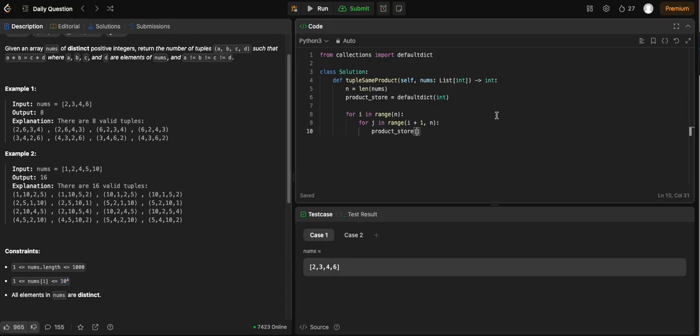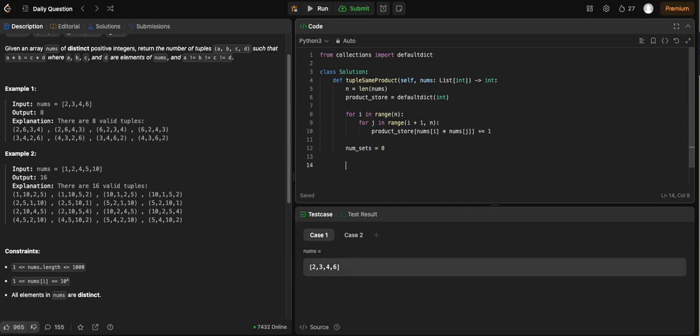So we can just do nums i times nums j plus equals 1. And after that, we are going to have the number of sets. So we want to start with the number of sets first, and then we can multiply that by 8 to get the number of tuples.